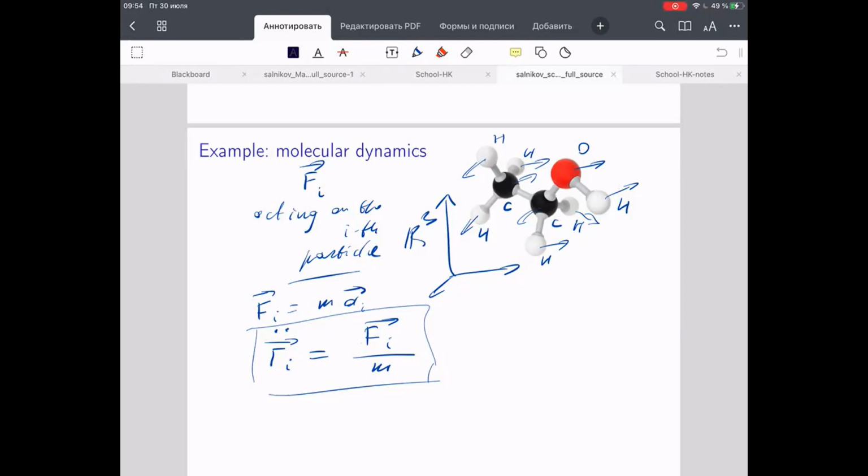Now imagine you're doing 10 to the power 9 steps, and at each time step, you are making a small error in energy. Well, there is a very good chance that your system in the end has nothing to do with the system in the beginning. And you probably created all possible numerical artifacts you can imagine. Okay? Again, this is a little bit of a propaganda, but this is something that happens in life.